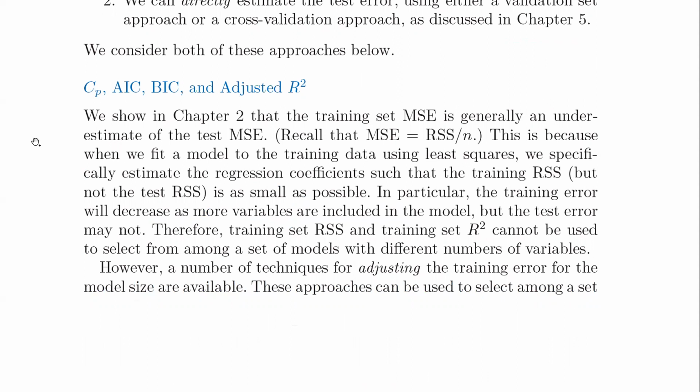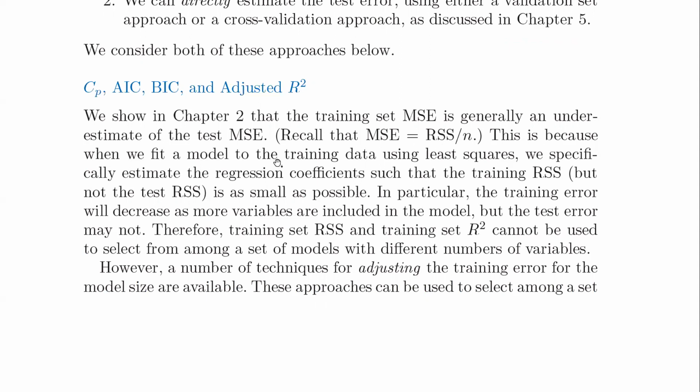So we showed in Chapter 2 that the training set MSE is generally an underestimate of the test MSE. Recall that MSE is equal to the residual sum of squares, so it's the mean. The residual sum, you're summing, that's your numerator, and then you are dividing by the number of observations.